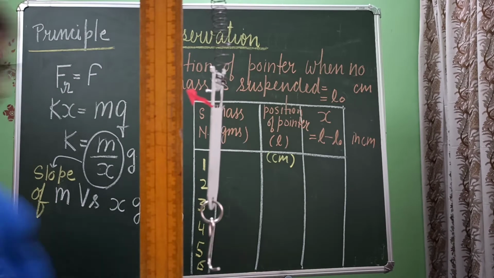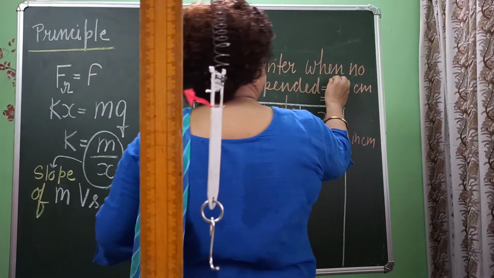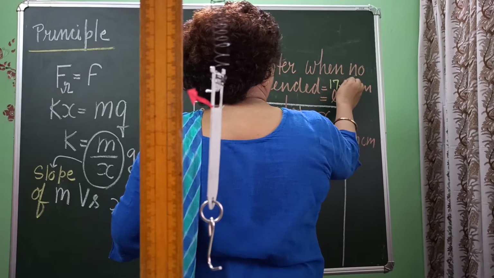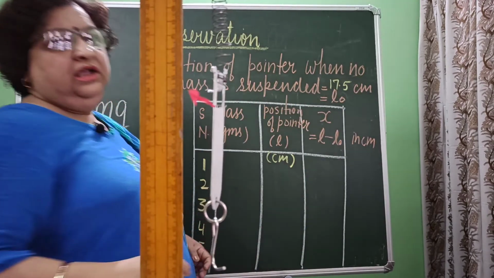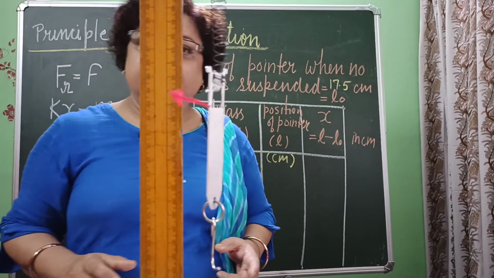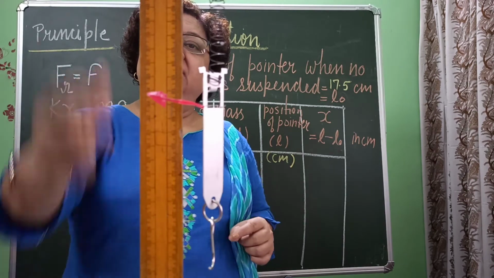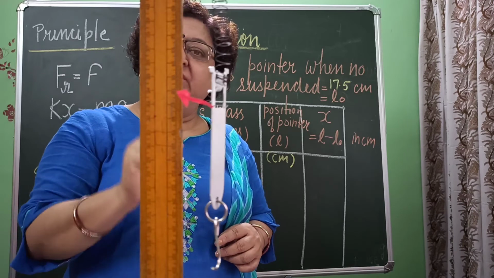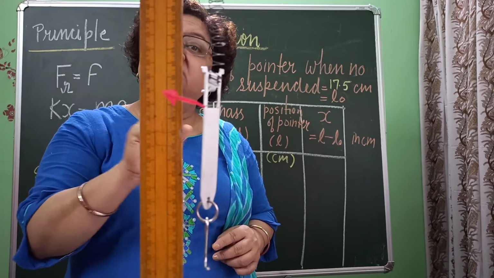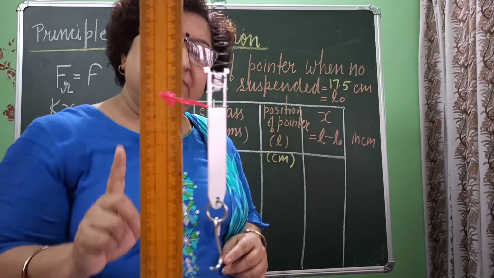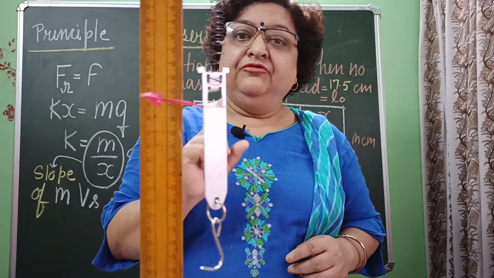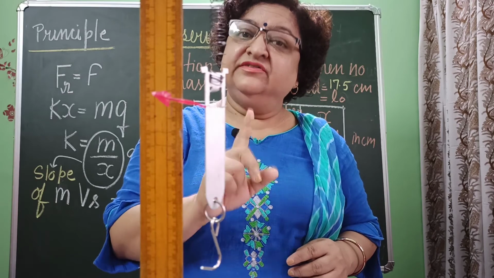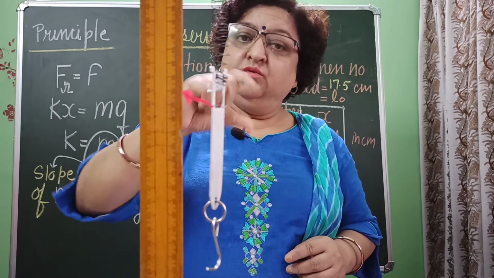So first reading is 17.5 centimeter. Very important thing: whatever reading we are taking from the meter scale, the least count of the meter scale is 0.1 centimeter. That means the first decimal place is in the least count.